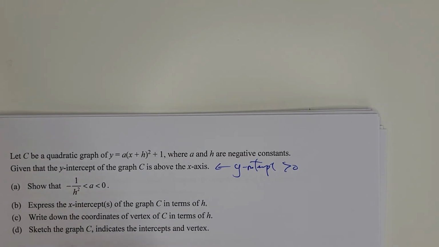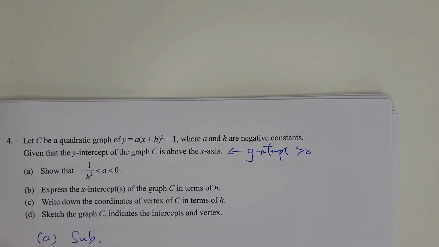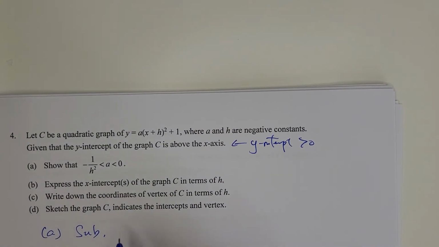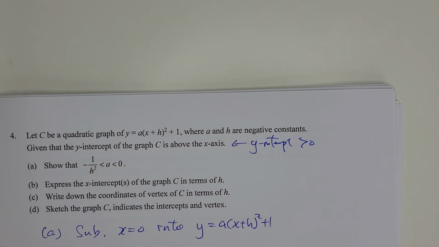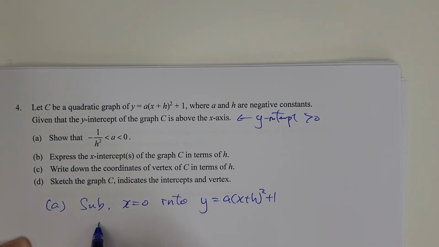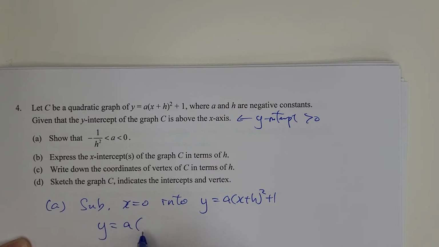A. We find the coordinates, or we find the y-intercept, okay? Substitute x equal to 0 into the equation. Then the y coordinate will be a bracket 0 plus h all squared plus 1, so y equals a h squared plus 1.